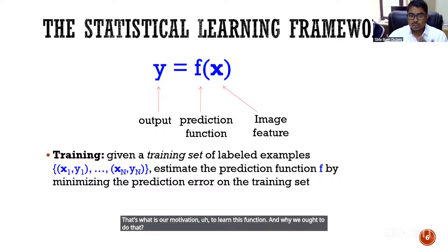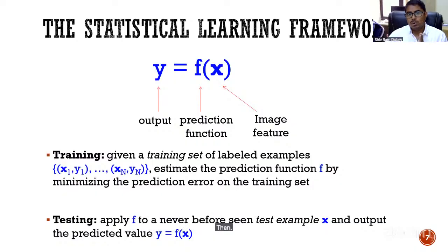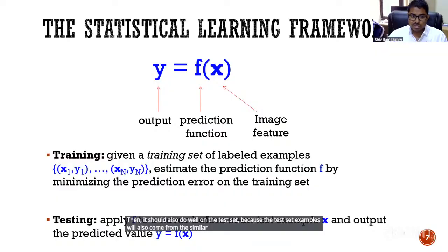Because we assume that the test set will also follow the similar data distribution that the training set follows. If our prediction function works well on the training set, then it should also do well on the test set, because the test set examples will come from a similar distribution as the training set.